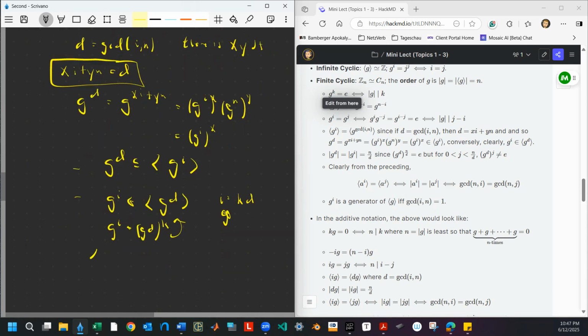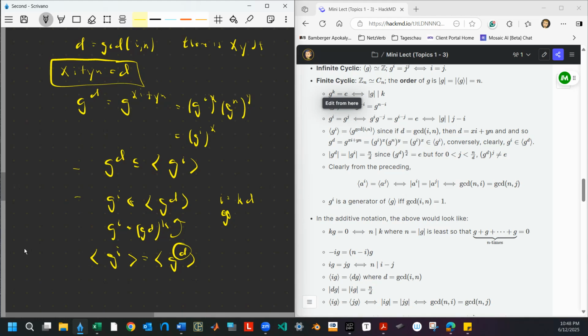So what we get here is that the subgroup generated by g^i is equal to the subgroup generated by g^d. When you think about it, because of the divisibility, this is going to be the least index of g. So that's what I was saying before: you're taking the least index of something that generates this whole set.